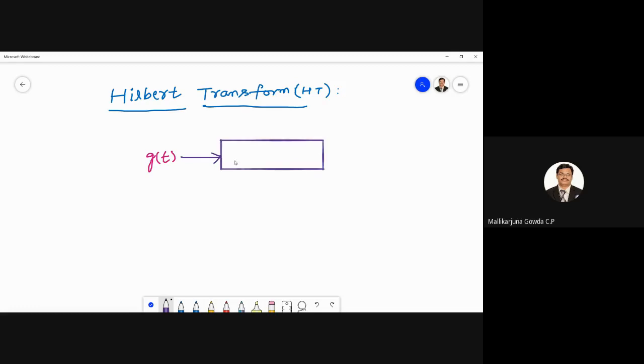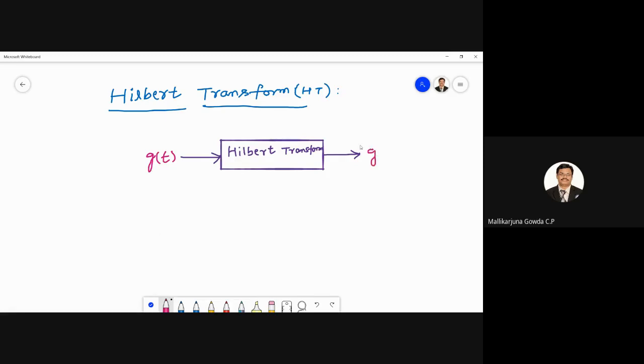Then the output of this Hilbert transform is denoted as G cap of t.